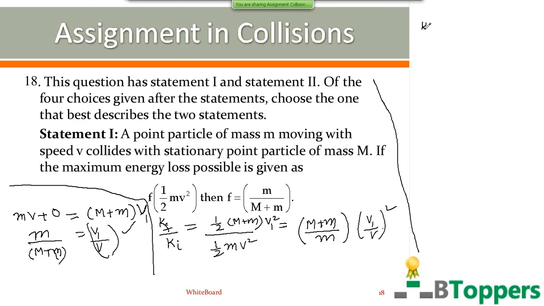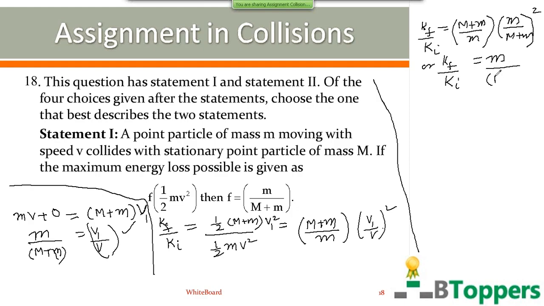So you get Kf by Ki equal to capital M plus small m by small m into small m by capital M plus small m whole square. So the ratio of the final kinetic energy to the initial kinetic energy, that is, the kinetic energy just after collision to the kinetic energy before collision, Kf by Ki, is equal to small m by capital M plus small m.